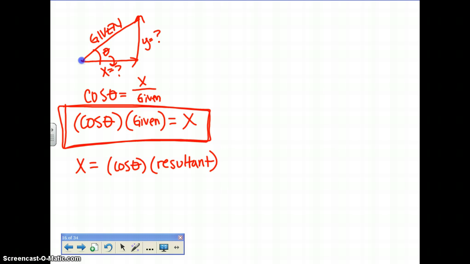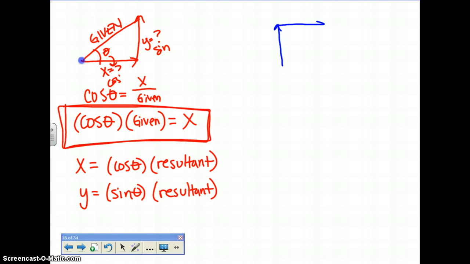Okay, so then obviously what would it be if it was the y component that you were solving for? So the y component then would be, this is cosine, this is sine, because it's opposite now. So this would be sine theta times your resultant. Okay, now that's for bow tie triangles. For hourglass triangles then, what you're going to do is just like the opposite, right?